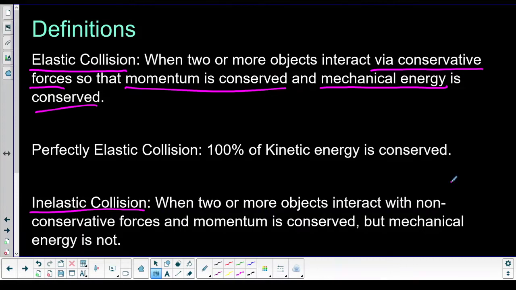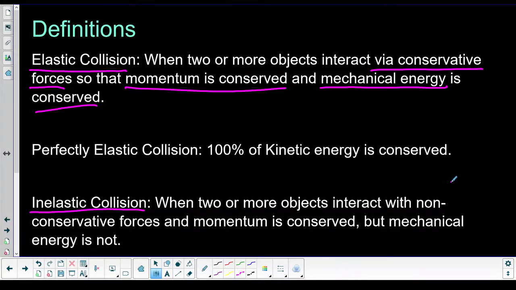So let's maybe talk about why this is. It kind of dawned on me that this is a weird thing, right? Why is momentum conserved 100% of the time and mechanical energy isn't? It's a weird question.